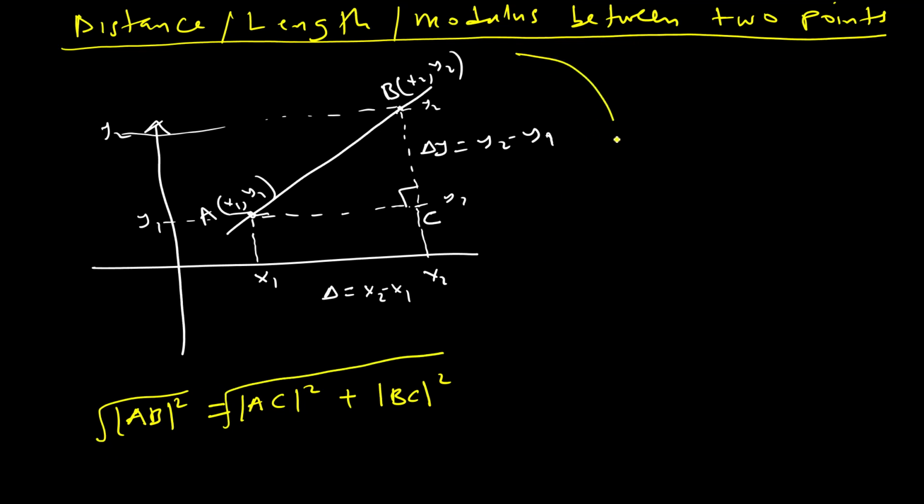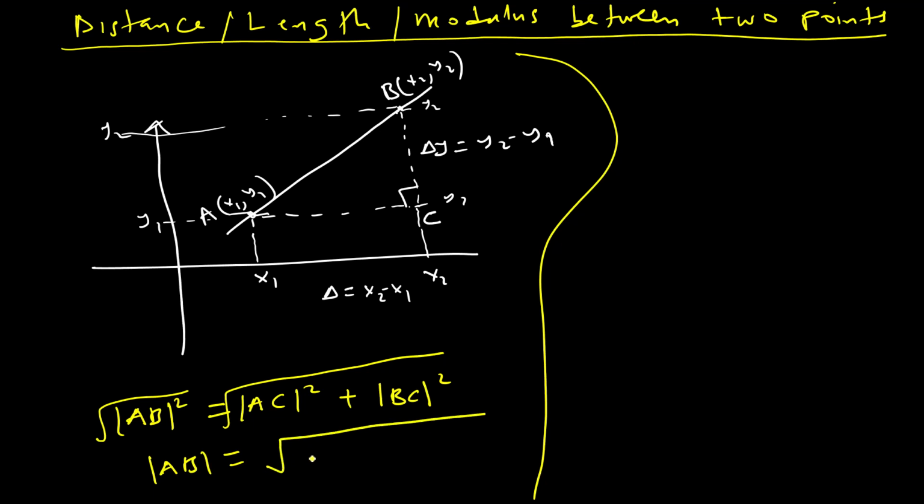Now length can never be negative, so we can't say plus or minus. Now AC, what is AC? AC is the change in x, squared, plus BC, the change in y.